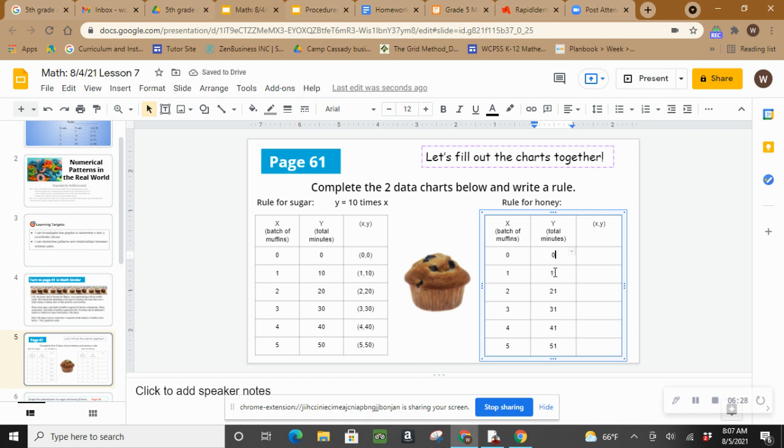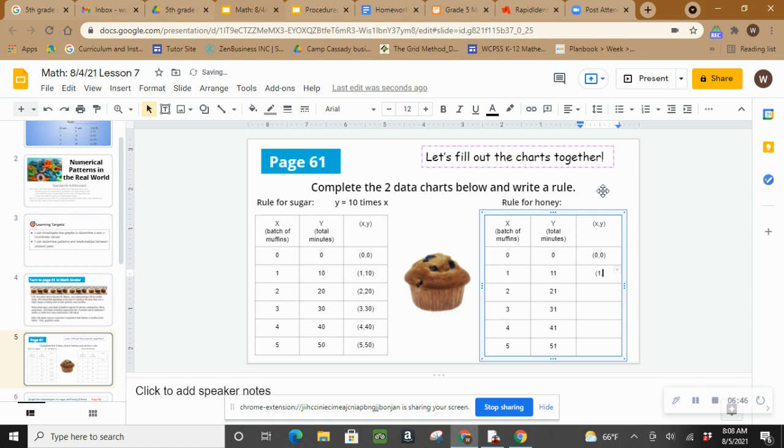All right. So now you're going to make your ordered pairs. 0, 0, our origin. Remember, if you want to fill it out and then check it after, you can pause the video and then play it and see if you filled it out correctly.